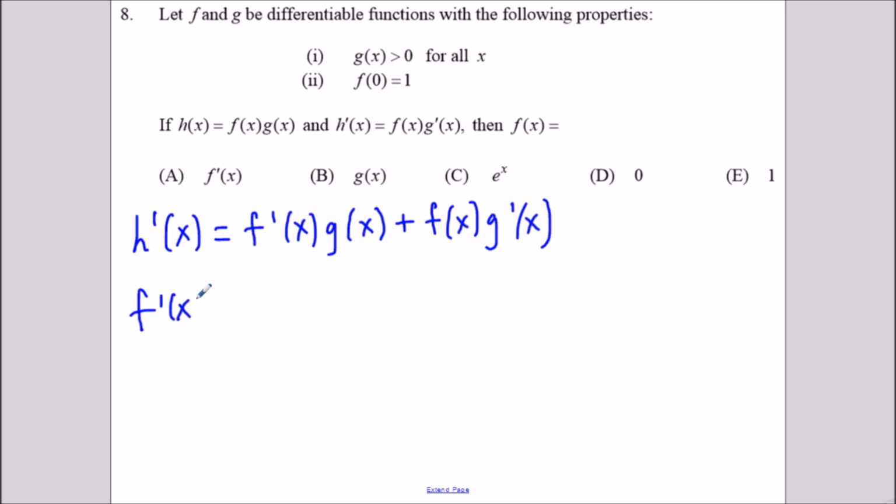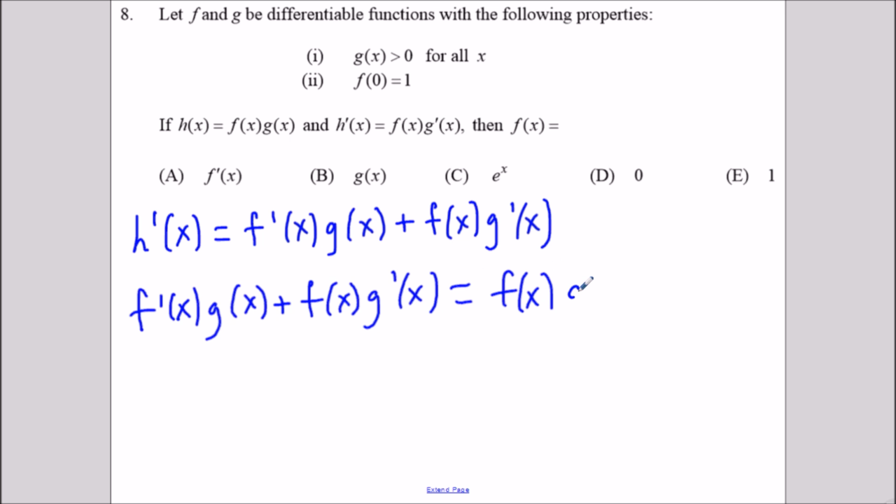That is, we could say f prime g plus f g prime has to equal f of x g prime of x. And then something that should jump out is that we have matching terms on both sides. So we could subtract f g prime from both sides, and then we get here.